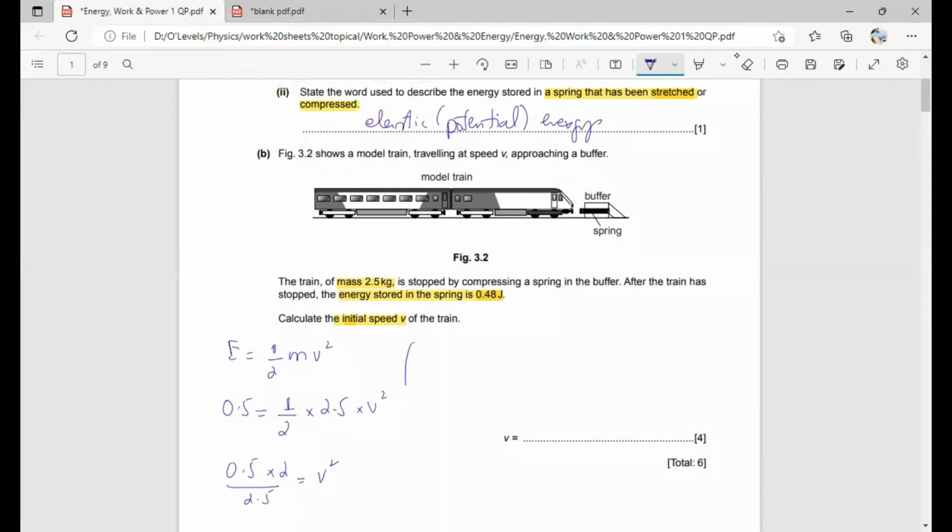And then on further calculation, if we take the square root on both sides, we will get the value of v, that is 0.62 meters per second.